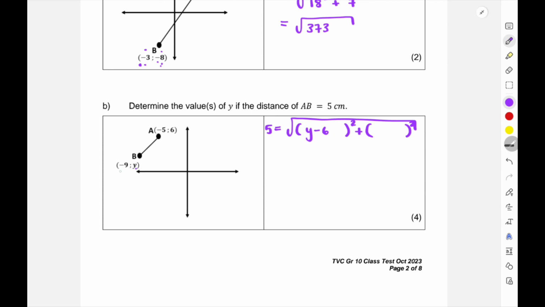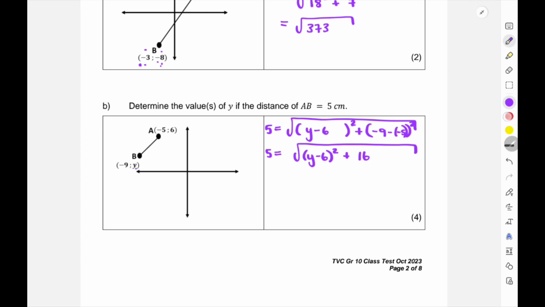I don't know why. And then let's do negative 5 minus 5. So just please be careful for your double negatives. Very important. Okay, then y minus 6 squared. You can't simplify yet. And minus 9 plus 5 gives you 4. 4 squared gives you 16.